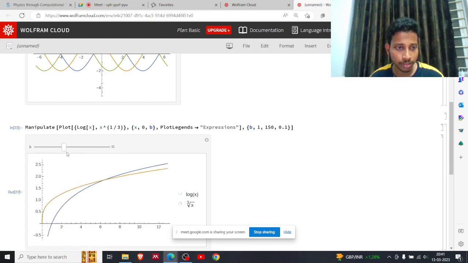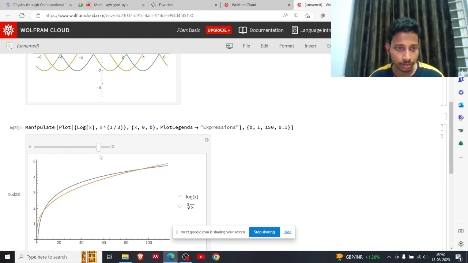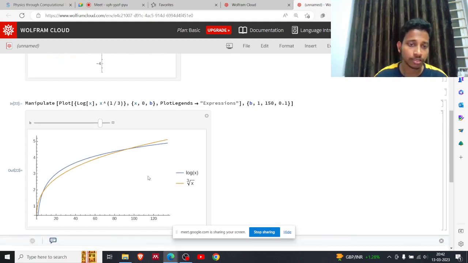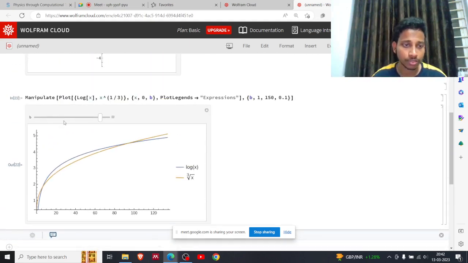Now as I change the value of b, I can see that these two graphs are intersecting at two different points. One is here and another is here. The first one is around 5 or 6, and the second one is around almost 90. So as we have verified, there are two points where these two graphs are intersecting.